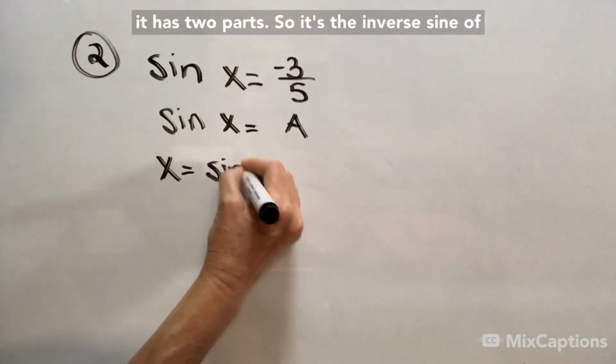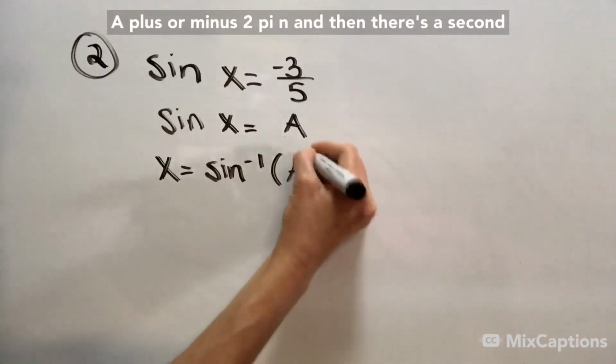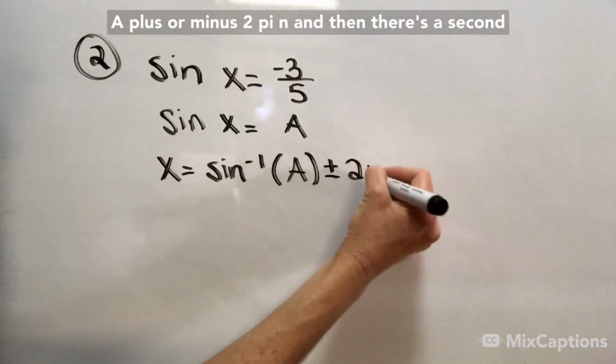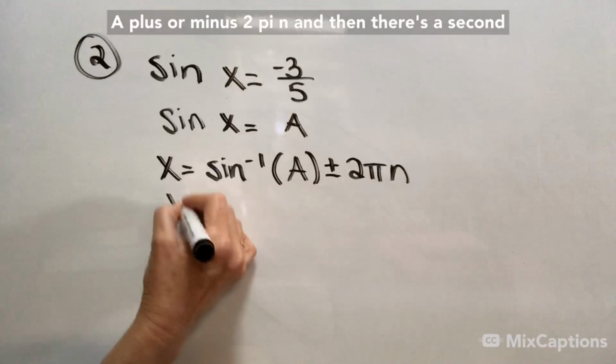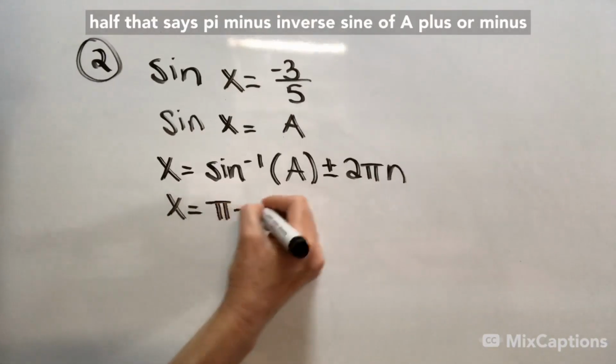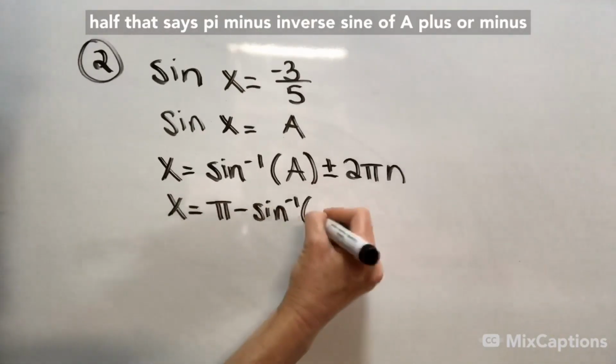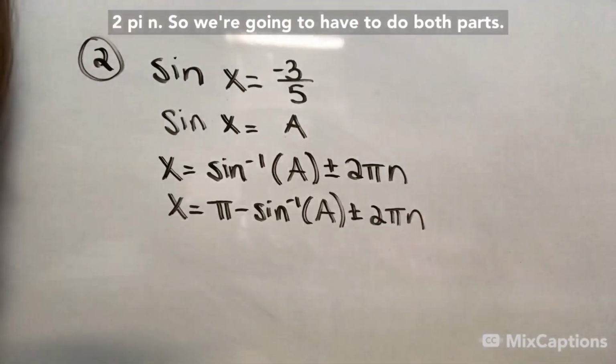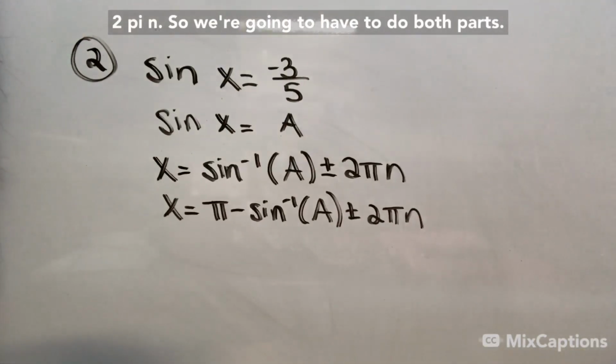So it's the inverse sine of a plus or minus 2 pi n, and then there's a second half that says pi minus inverse sine of a plus or minus 2 pi n. So we're going to have to do both parts.